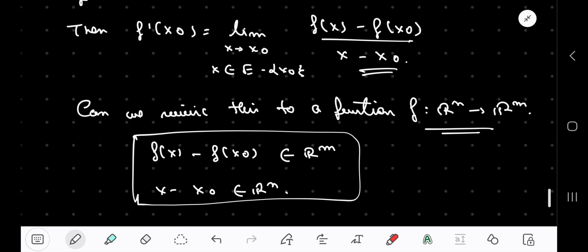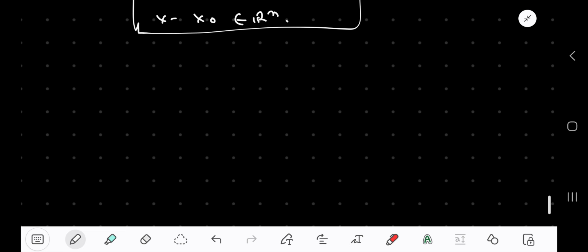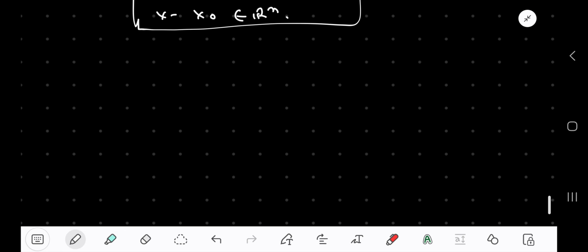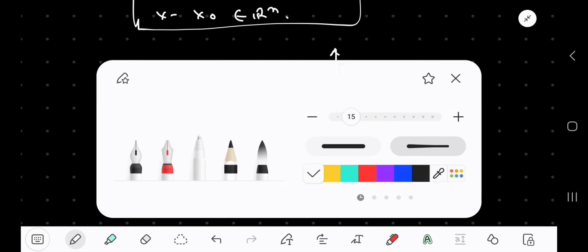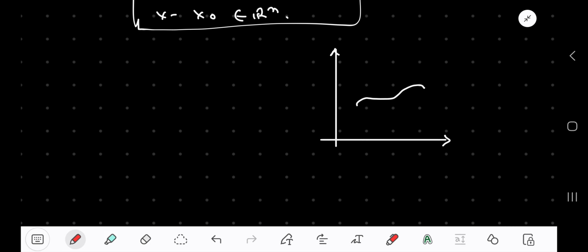So the idea behind deviating from this definition is to observe how derivatives look geometrically. This is something which you should already know from your high school classes. Suppose this is a function like this and I am considering a derivative at some point, let's say here. This is my x naught, and we know that this actually gives me the tangent at this point, right? This is something which we know.